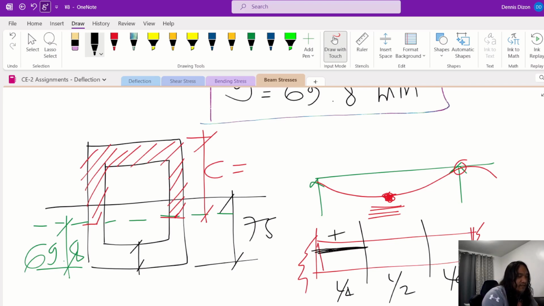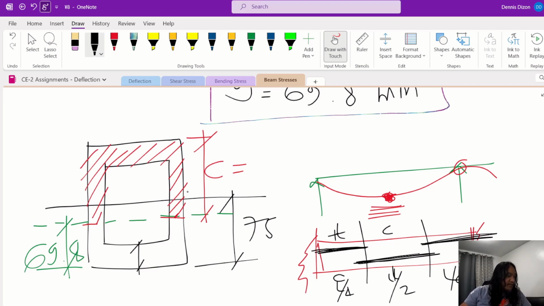This is in tension. This is in compression. And then at the center, right here at L over 4, the change in curvature, this one will now be in compression and this is now in tension. That's why the rebars at the bottom, at the midspan, are right here. And then again, going back to your main rebars at the top because it is negative bending.